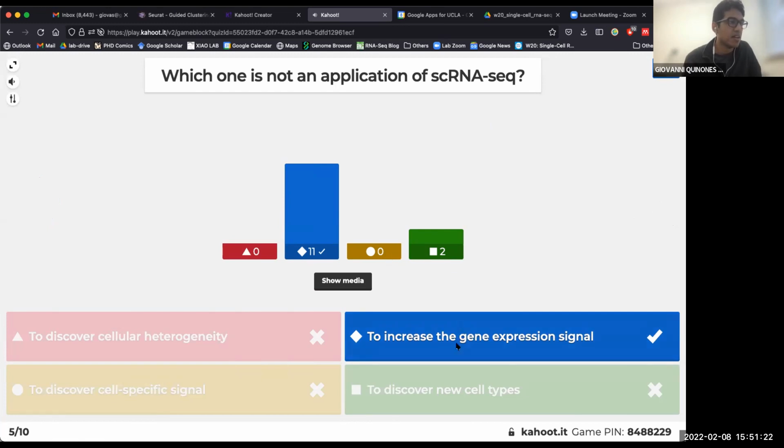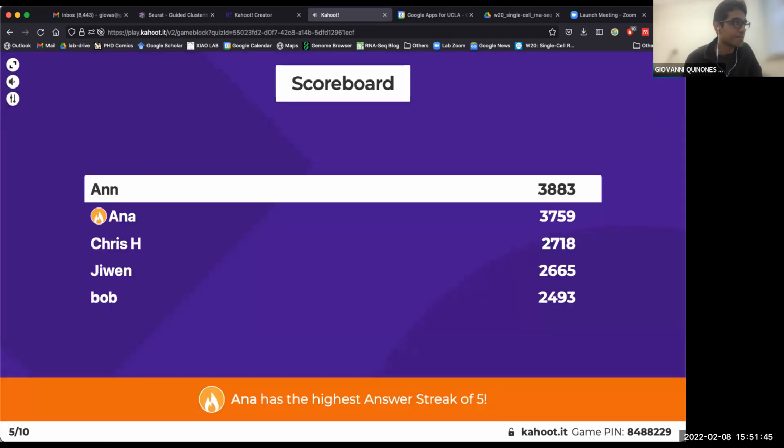To increase gene expression signal is not an application, quite the opposite. Generally, you end up with a much diminished signal with single cell technology. It's one of the main limitations of this type of analysis, this type of data. Great. Cool, the podium remains unchanged. Let's move on.